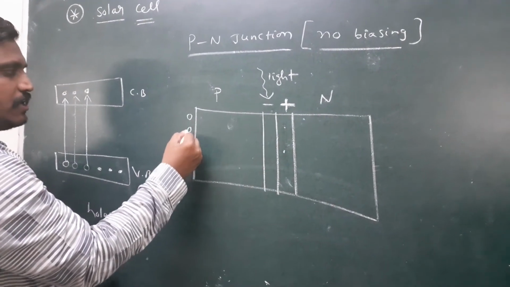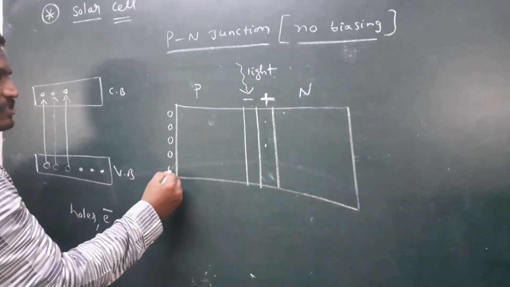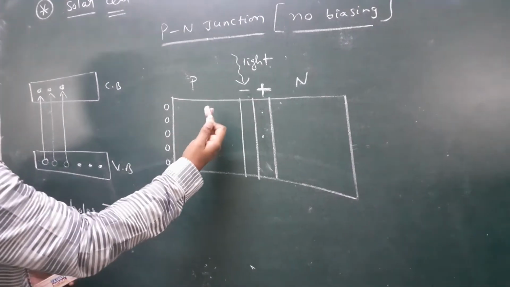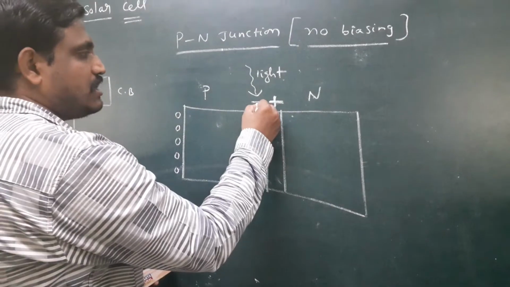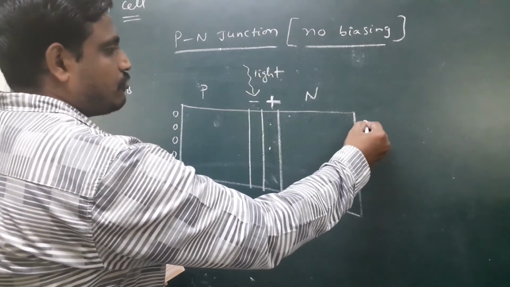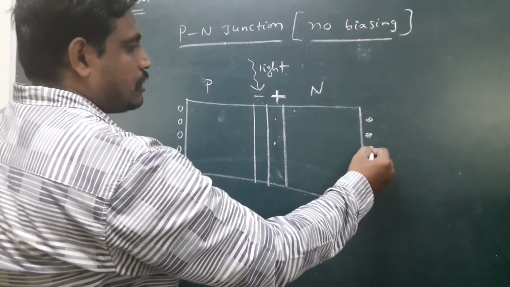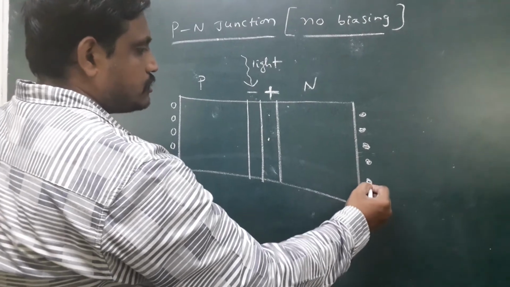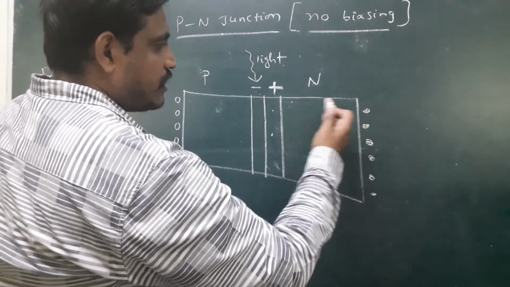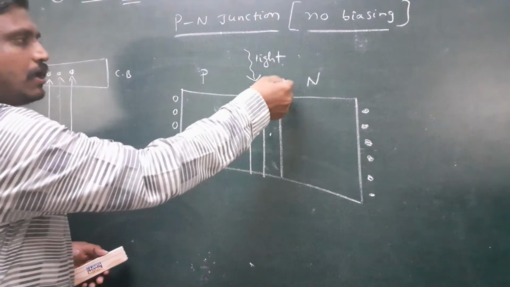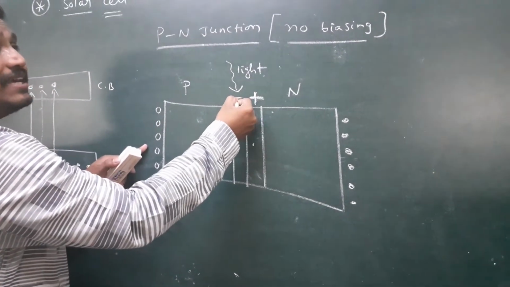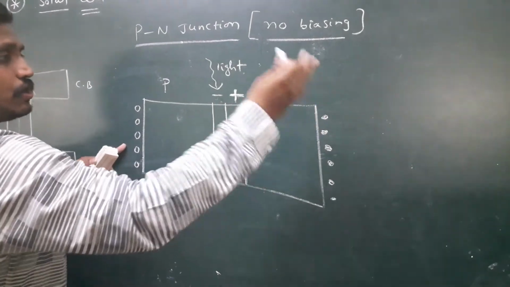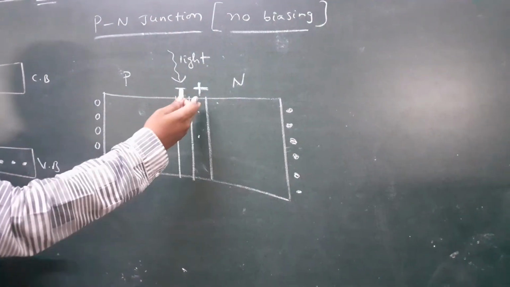So that's why these holes reach the back side of the p side, and these electrons are repelled by the minus. So all electrons reach the front side of the n type. This plus repels holes, this minus repels electrons. So electrons are away, holes are away.